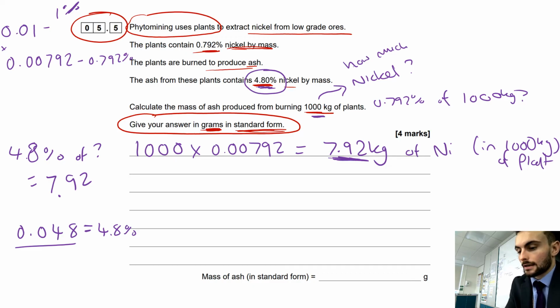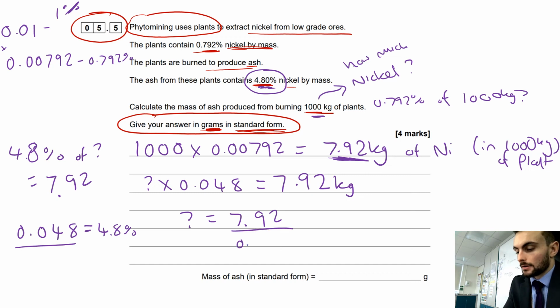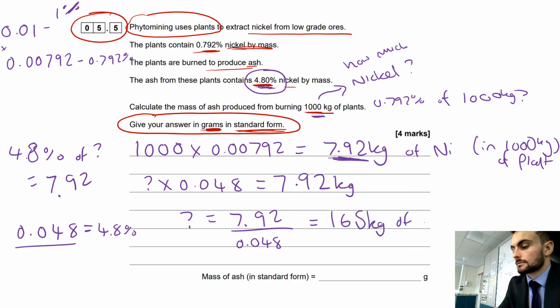So I would actually write that out. The question mark, something that we're trying to work out, the mass of the ash, times 0.048 gives us 7.92 kilograms. Then we just rearrange it. So the question mark is going to be 7.92 divided by 0.048, which gives us 165 kilograms of ash.